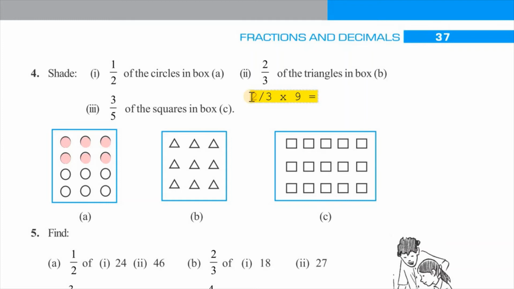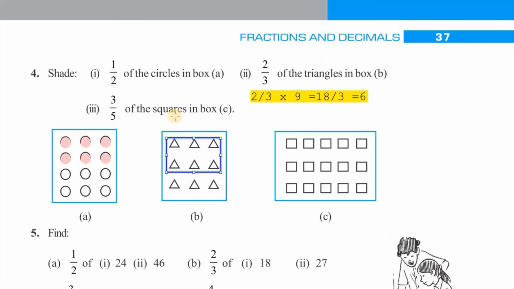What is the answer going to be? It is going to be 18 by 3. Is this in its lowest form? No. The final answer in its lowest form is going to be 6. Again, we have to shade 6 of these triangles. I'm just going to put a rectangle around them so you know which ones to shade. You can shade any of the 6 ones.